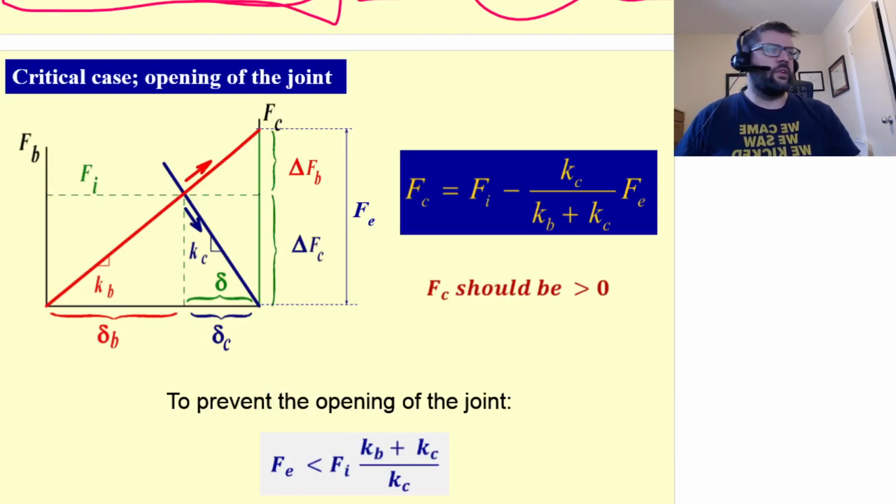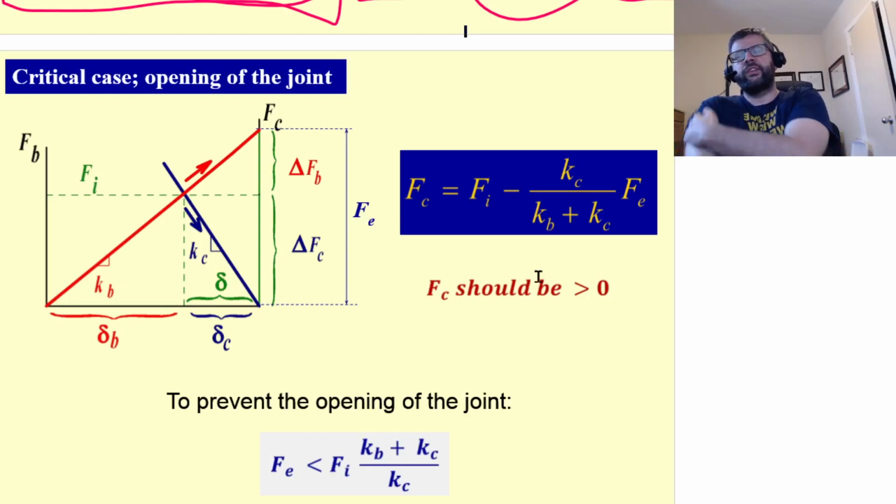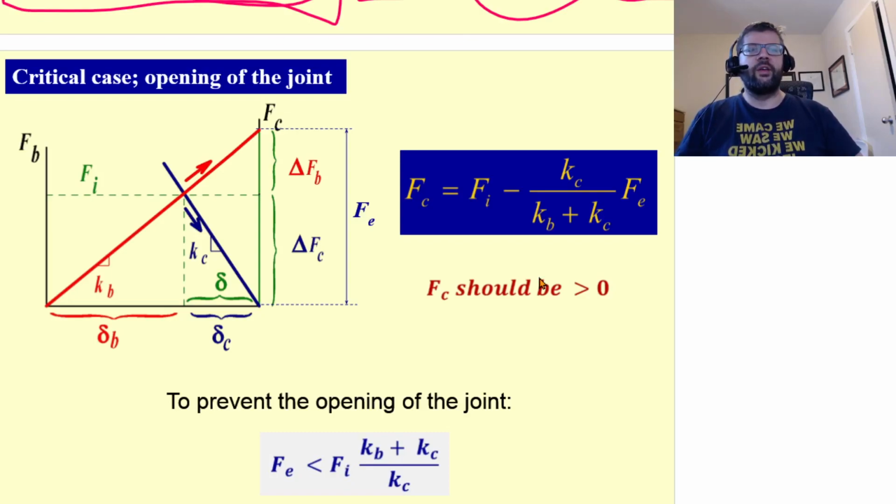So there's a few critical cases. If we have a pressure vessel, the point of a pressure vessel is to keep stuff contained inside the pressure vessel. So we don't want the joint to be opened. The joint will open if we get to a point where the clamping force is equal to 0. If Fc is equal to 0, then that is bad.